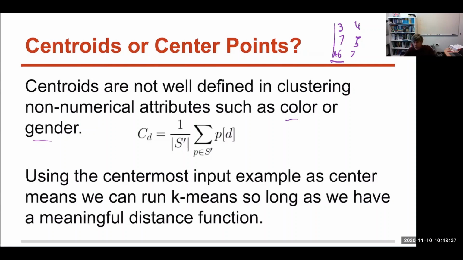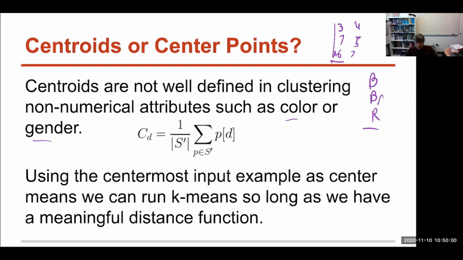What is the centroid? If we have hair color, what is the centroid between black hair, brown hair, and a redhead? When you've got labels, the notion of a centroid does not work anymore.